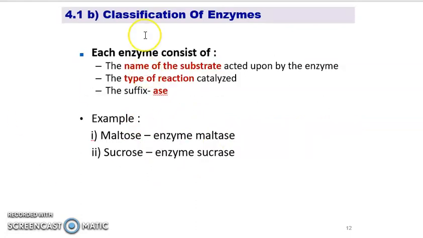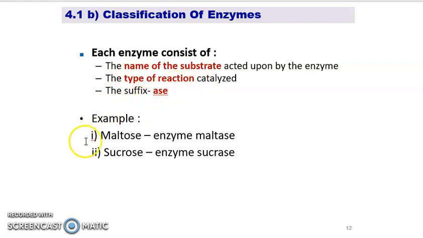Okay, so each enzyme consists of the name of substrate acted upon by the enzyme. Okay, maksudnya kalau kita relatekan balik dengan properties of enzyme, it is highly specific for a particular substrate. Okay, hanya substrate yang tertentu sahaja yang boleh bind kepada active site of the enzyme. Okay, and then the type of reaction catalyzed.